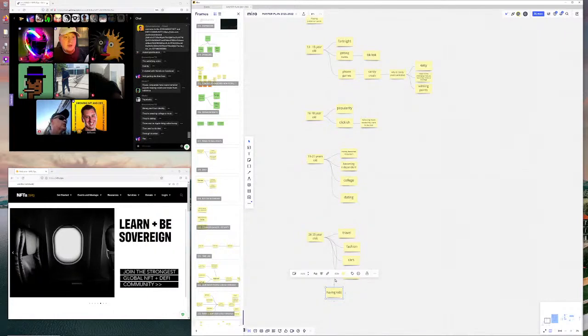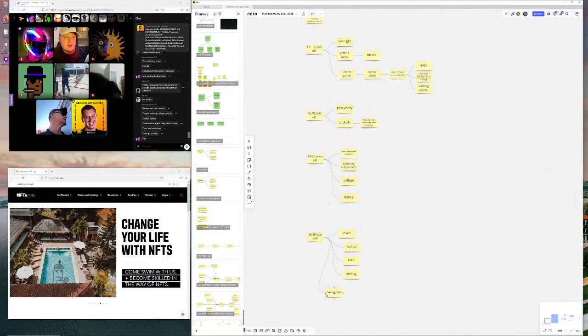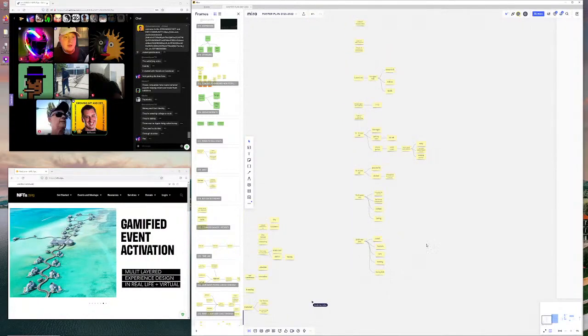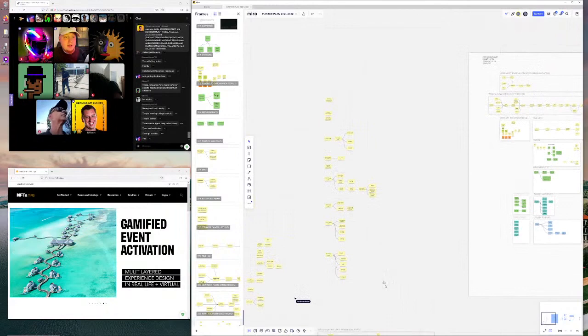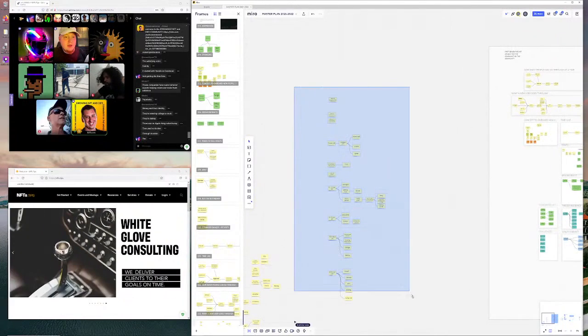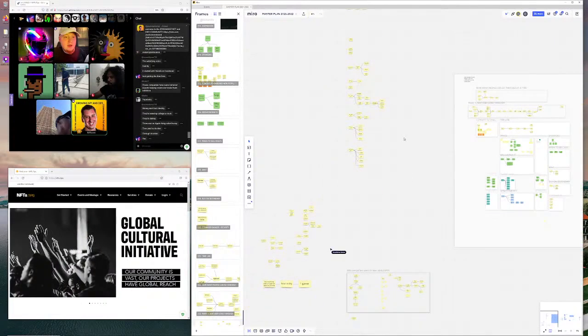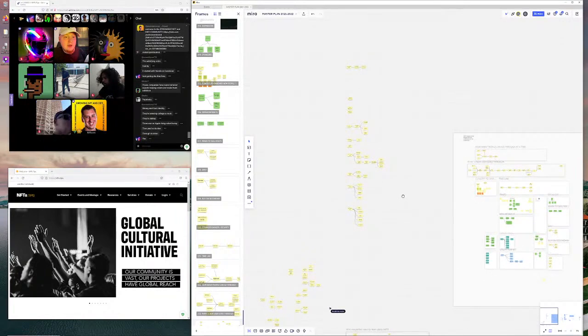So this is like looping back to the first group. Alright, so at what age group does it become almost difficult for them to wrap their mind around this NFT stuff? Is there an age demographic that is just challenged and it takes a lot more effort to educate them into this space?